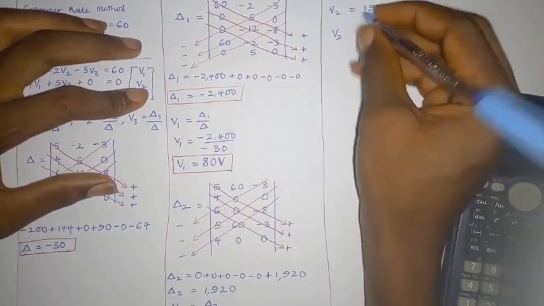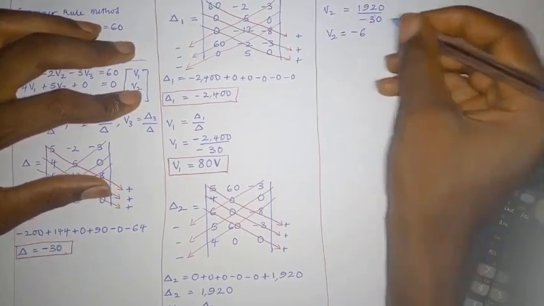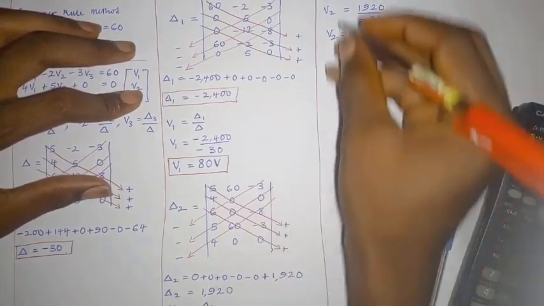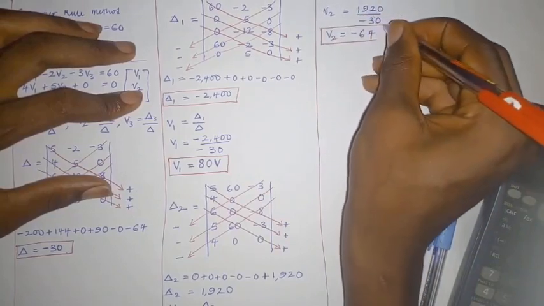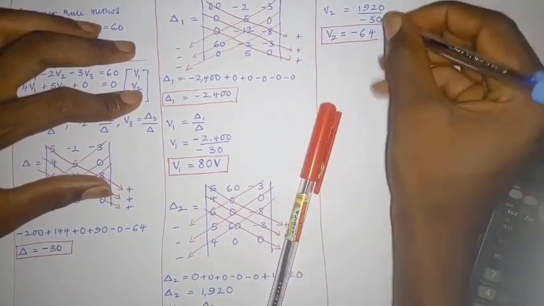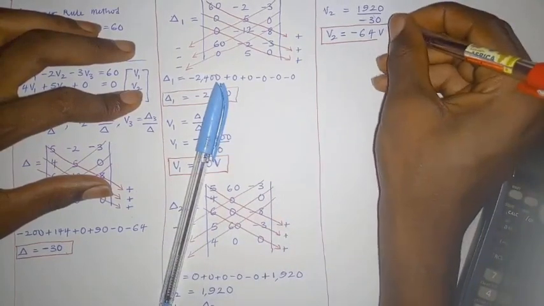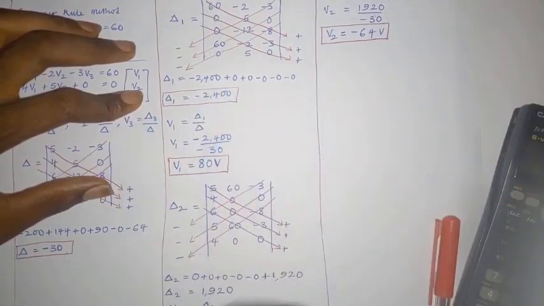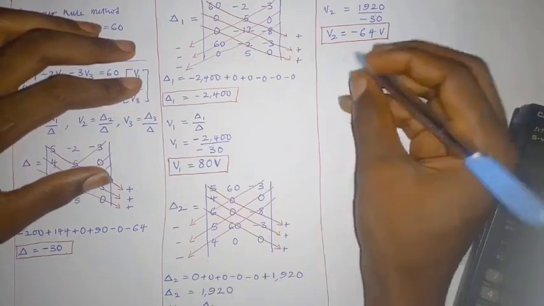So my V2 is minus 64 volts. I already told you that if you don't put the units, all what we've been doing since morning is 0. So then let's get our determinant 3 now.